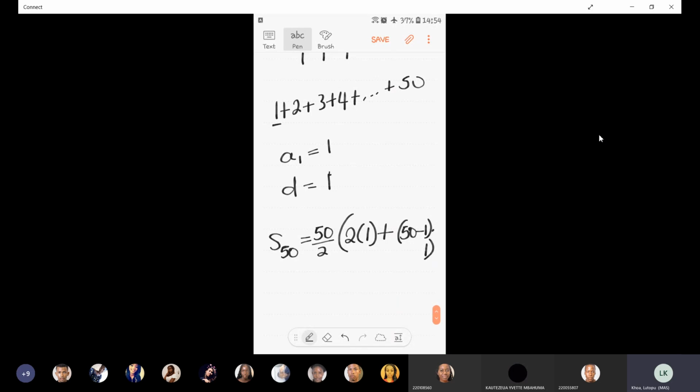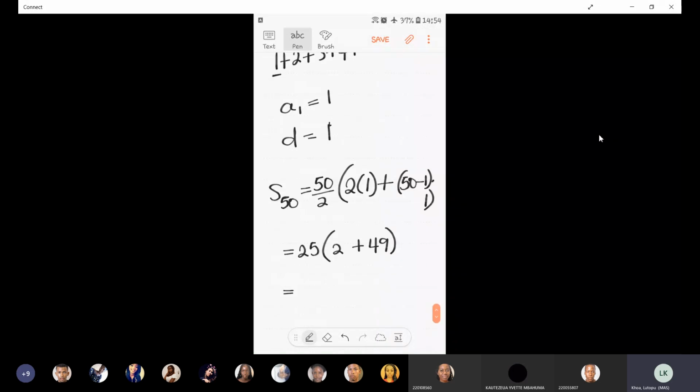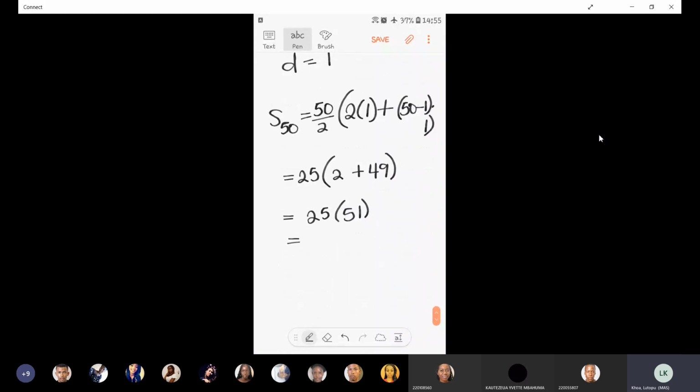Okay, so you can do this. This is 25. Inside my bracket I have 2 plus 49. This is 25 multiplied by 51. So do this on your calculator. 25 times 51, you get 1,275.